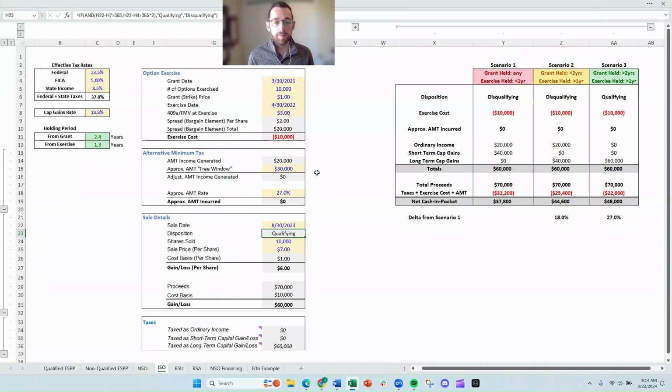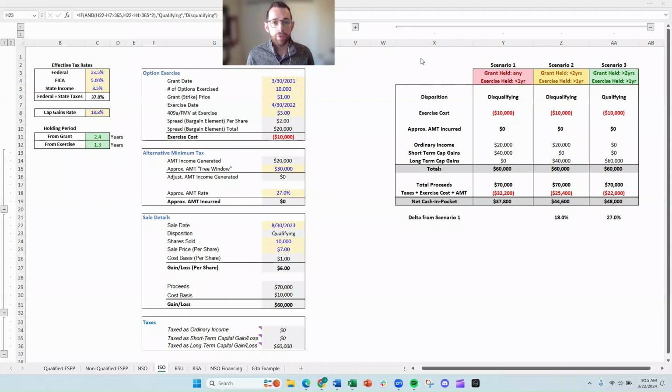Now we have a qualifying disposition, and this is great because now we don't have any tax on ordinary income, but we do have long-term capital gains. And so you can see the difference from these various scenarios, this is all a difference from scenario one: an 18% increase from scenario one, and a 27% increase in take home from scenario three over scenario one.